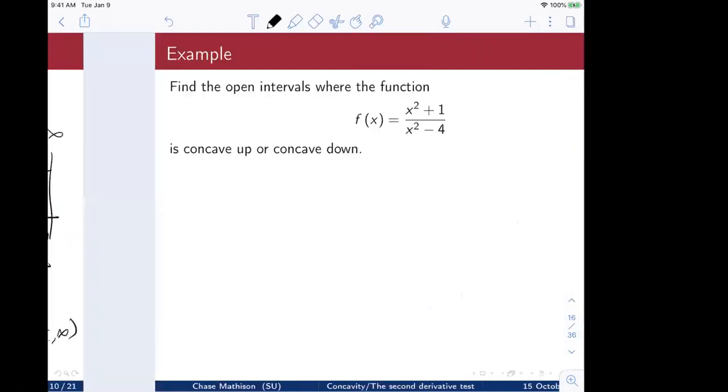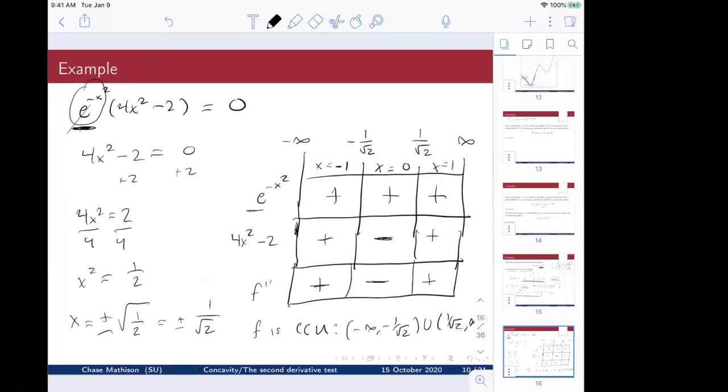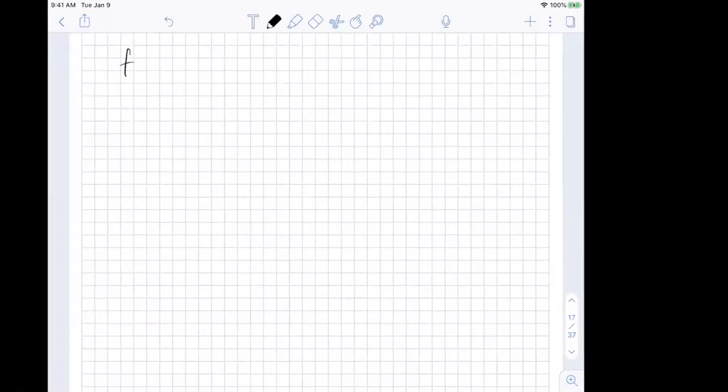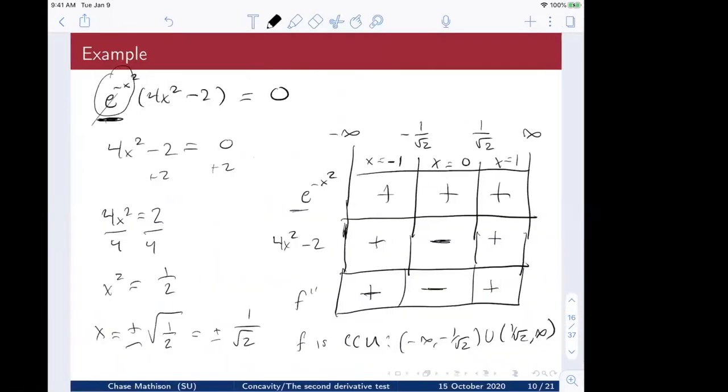And where is f concave down? F is concave down where? Well, f is concave down where f double prime is negative.